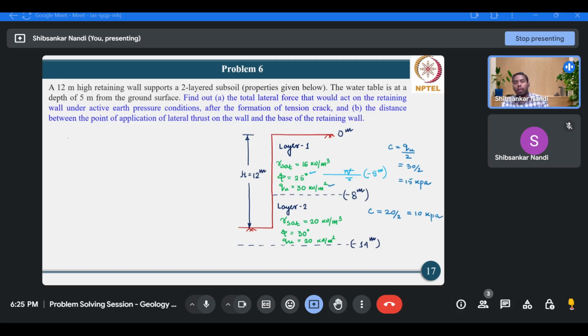Now we'll calculate the active earth pressure coefficient for layer 1, KA1. This is tan square of 45 minus phi by 2.